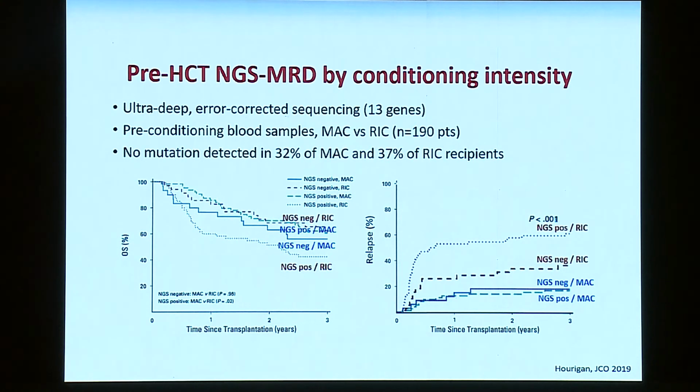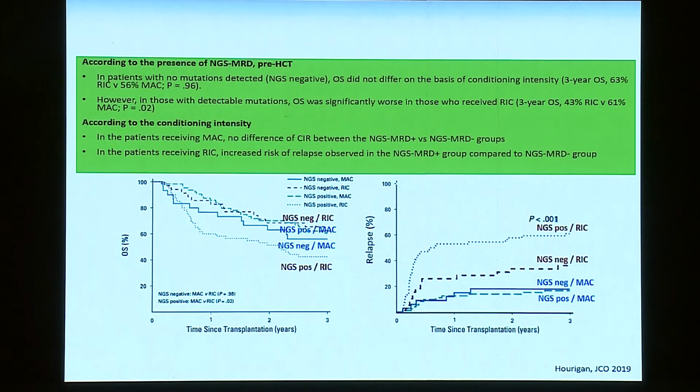If we want to compare myeloablative versus RIC, for sake of time, we can say that in patients with no mutation, like next generation sequencing negative, overall survival didn't differ on the basis of conditioning intensity, and the 3 year overall survival is 63% compared to 56%, and the p-value is not significant.